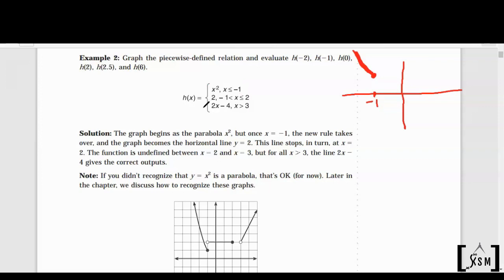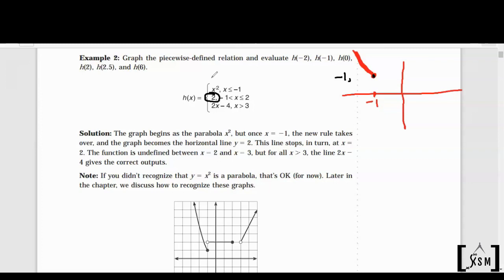For second function, it is y equal to 2. h(x) equal to 2 means y equal to 2. So it is just a straight line. Now we don't know where to draw the straight line at y equal to 2 because we don't know what is the coordinate of this point. So what is the coordinate of this point, guys? When x is minus 1, what is the y value?